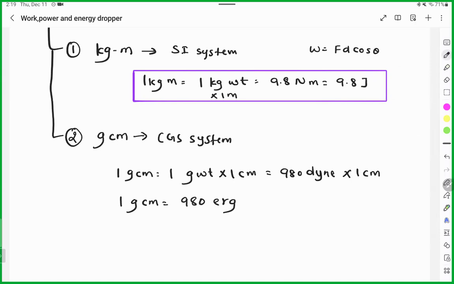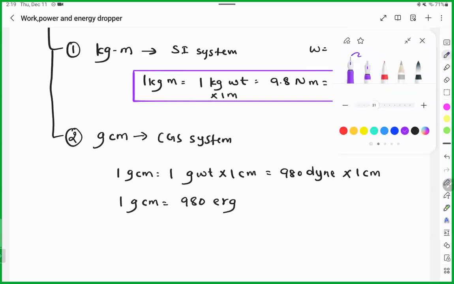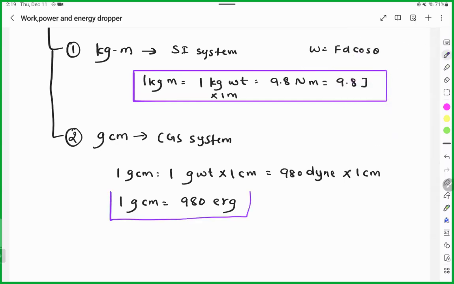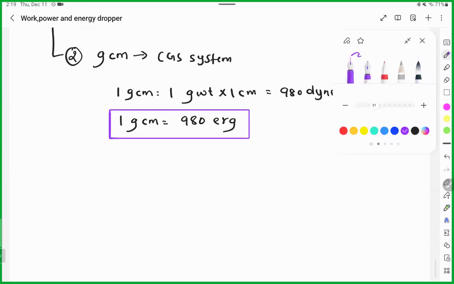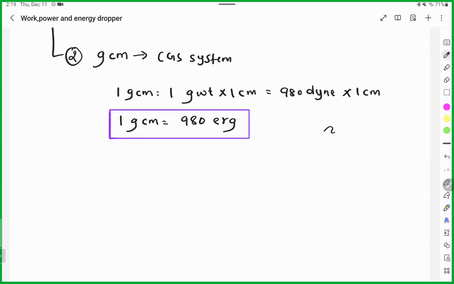And you know how to convert erg into joule: 1 joule is equal to 10 to the power 7 erg. You already know this from the previous topic. Yes or no, guys? Yes.